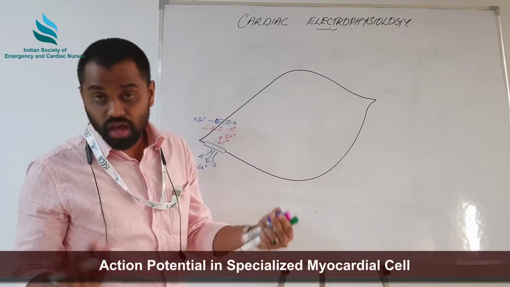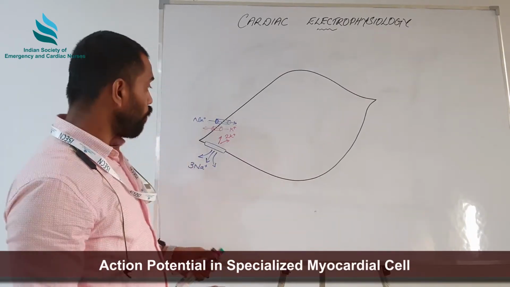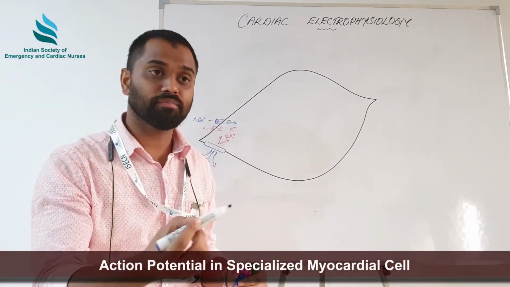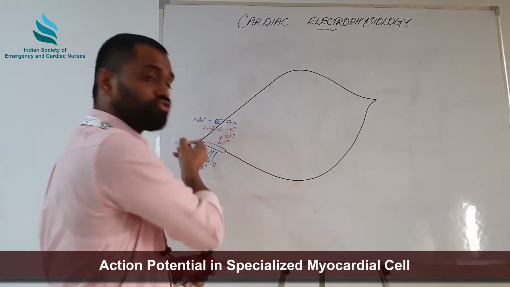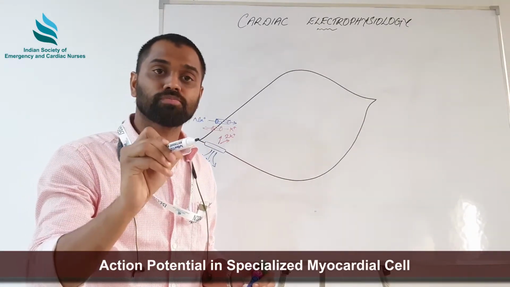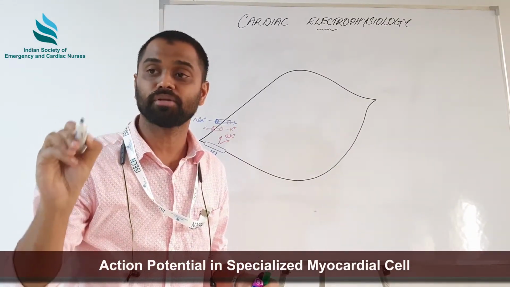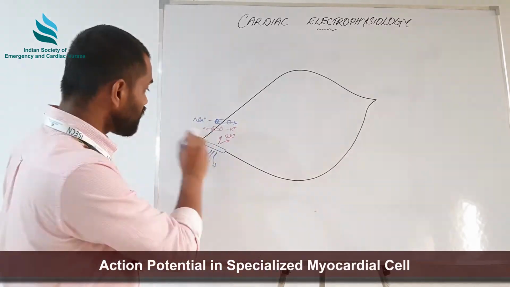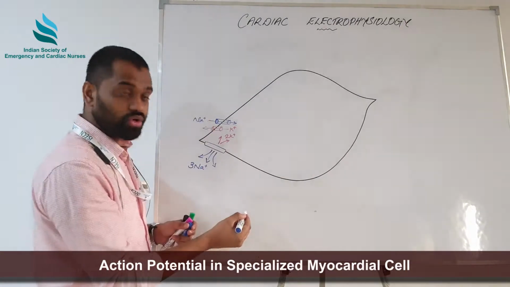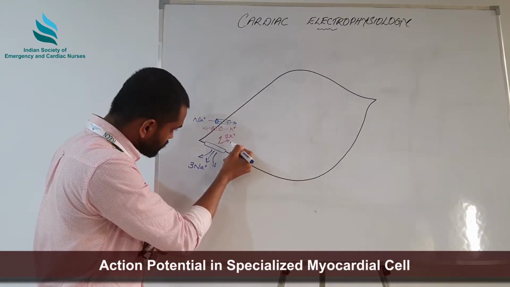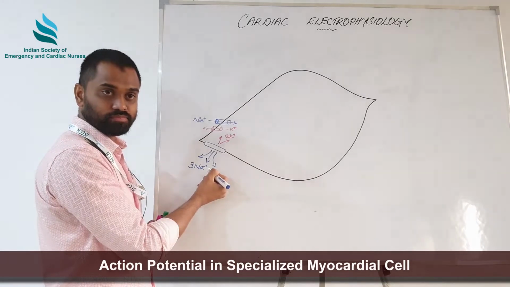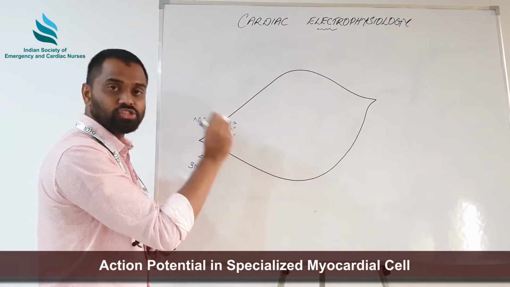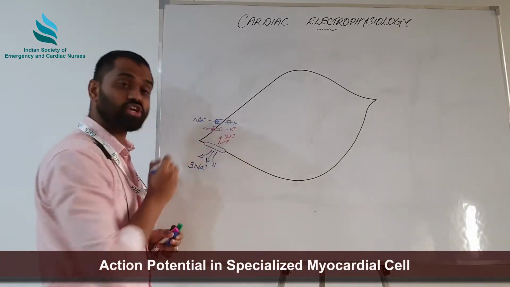So what happens if they are open? In contractile myocardium, it was the efflux of potassium which was responsible for generation of the resting membrane potential of minus 90 millivolt. But here, it is true that the cell is losing cations through ATPases, and it is true that the cell is losing cations through the potassium channel.